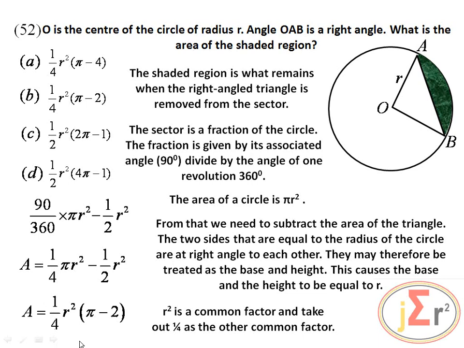In which event we have a quarter r squared pi minus 2. Which one is the correct one? We have it right here. The correct answer is option B.